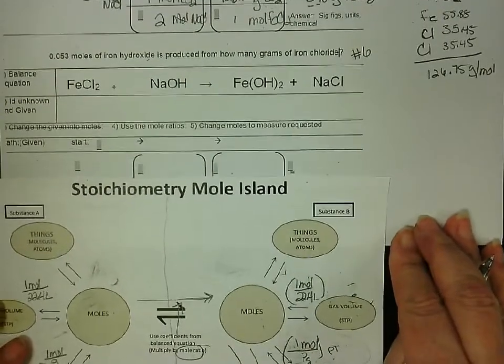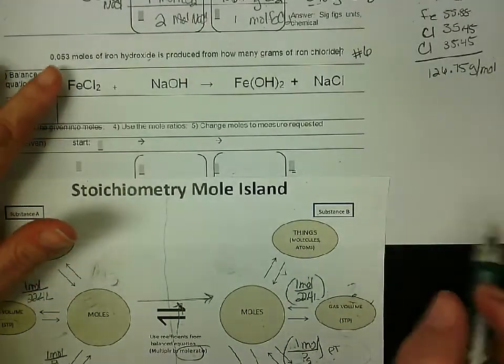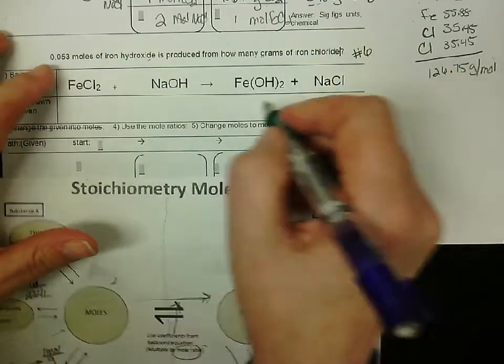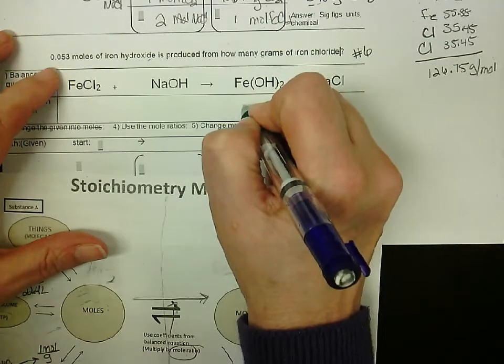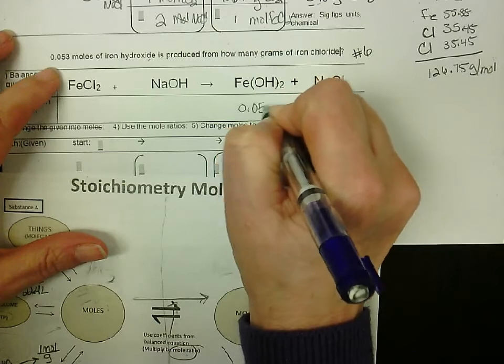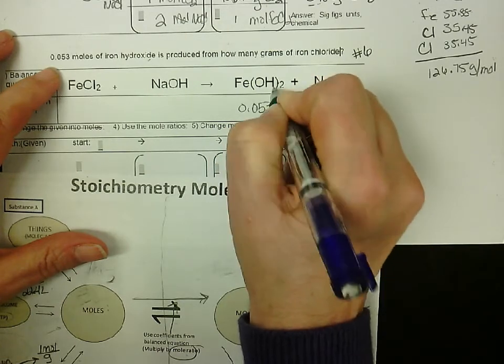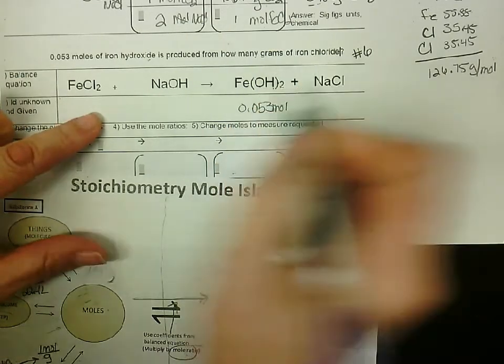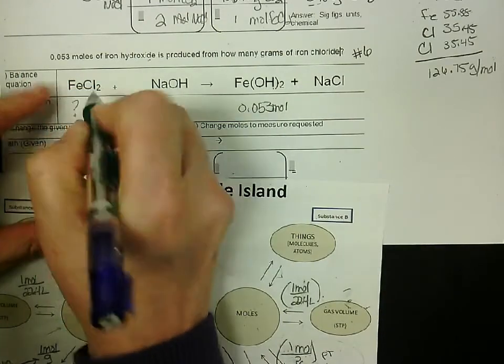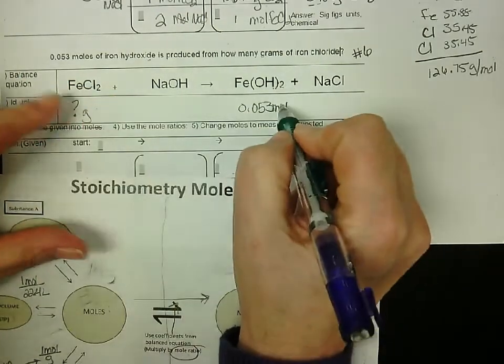So the last problem, we have 0.053 moles of iron hydroxide. How many grams of iron chloride? So this is under my iron chloride. That's iron hydroxide.